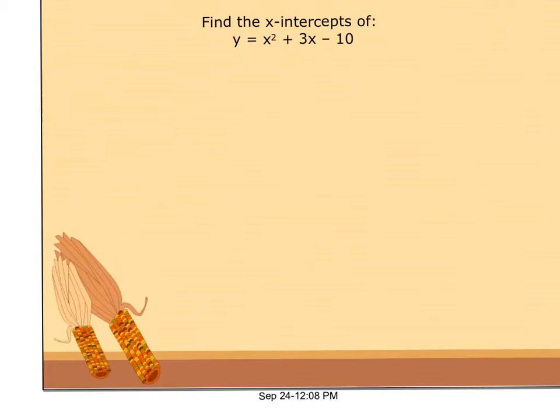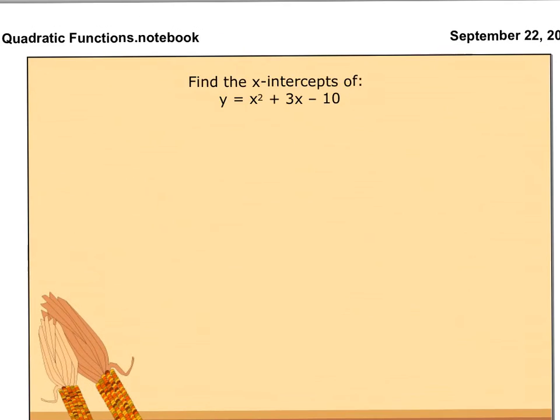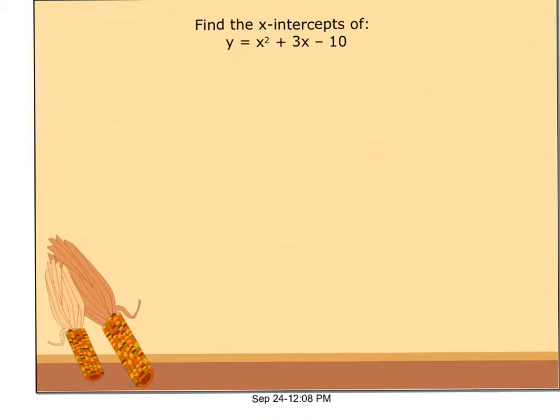Here, this is actually another example where a is 1. I'll work this one all the way through, as far as finding the x-intercepts go. I'm looking for 2 factors of -10.